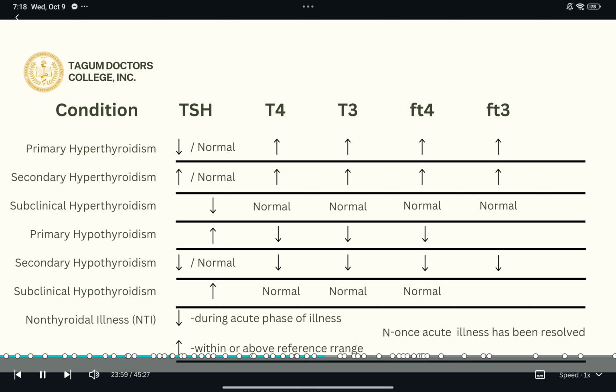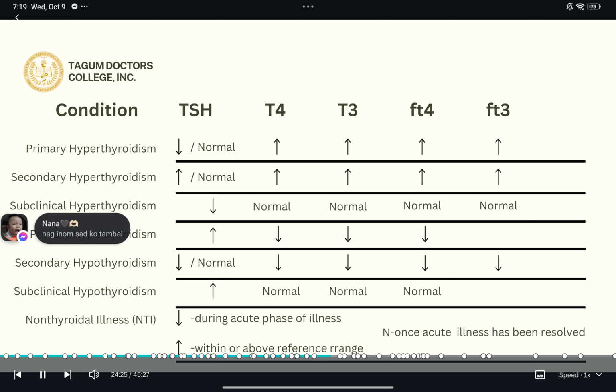Pag subclinical, ang affected lang is ang TSH, wherein normal tanan except mubaba ang ato ang TSH. Pag primary hypothyroidism, so take note, hypo meaning baba, so supposed to be baba tanan, but since primary siya, opposite jud ang TSH niya.